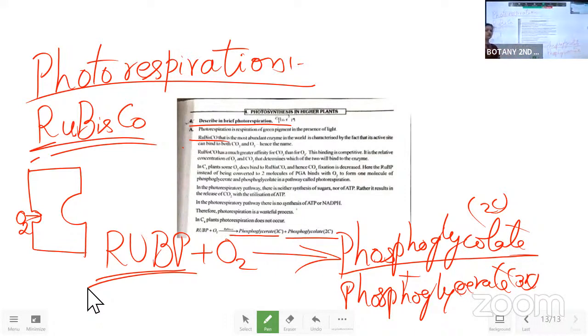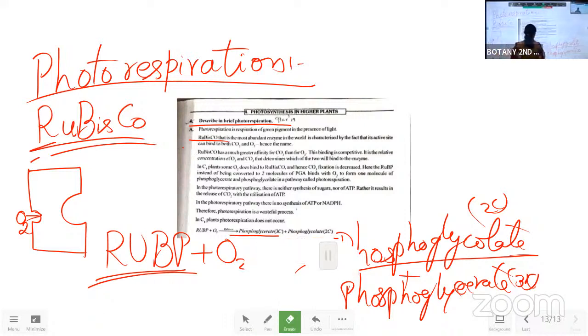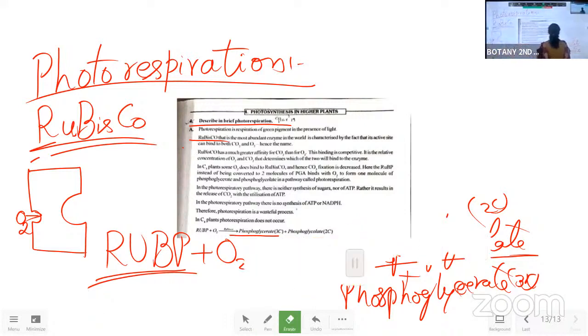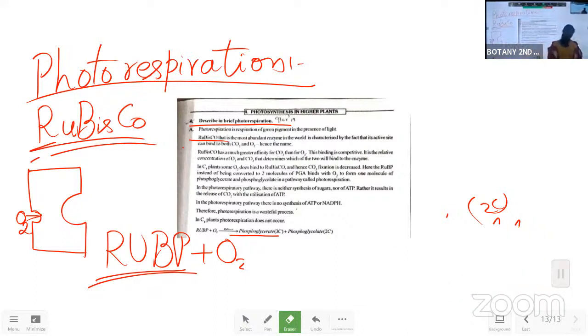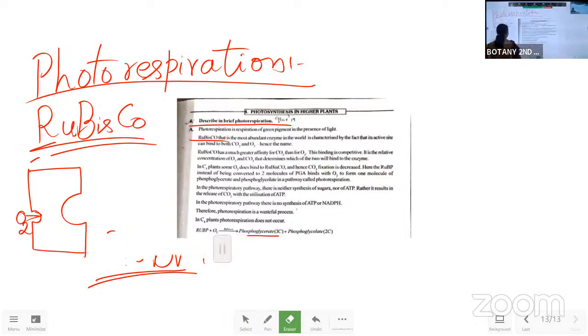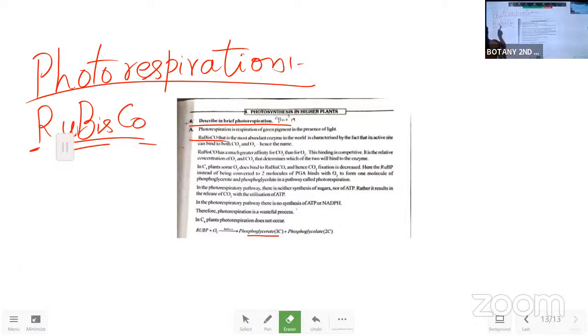The respiration always requires energy, so that the ATPs are going to be consumed more for this photorespiration process. So, this is a wasteful process during the daytime for the plant body. Only during the daytime, not for every time.